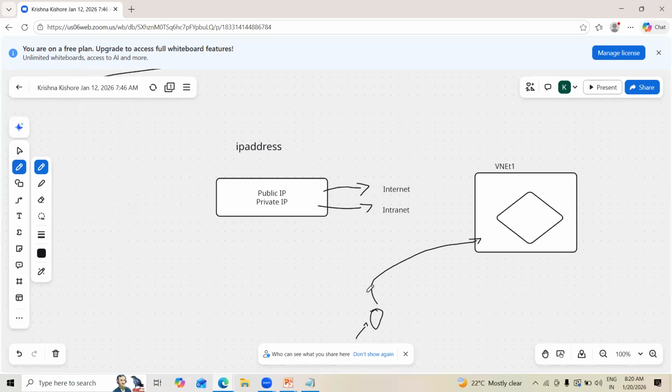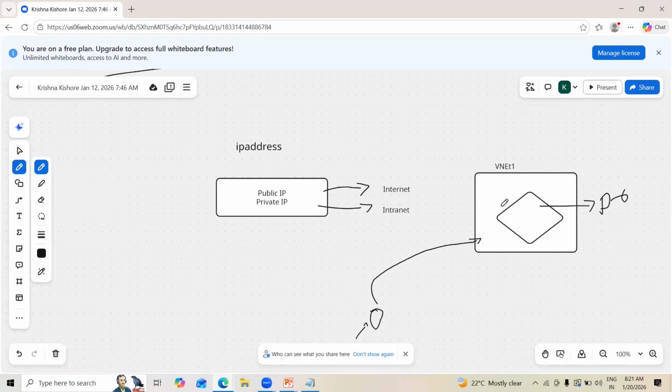How will this request reach this particular server? Suppose this server has a private IP. Can I access the server from my laptop?